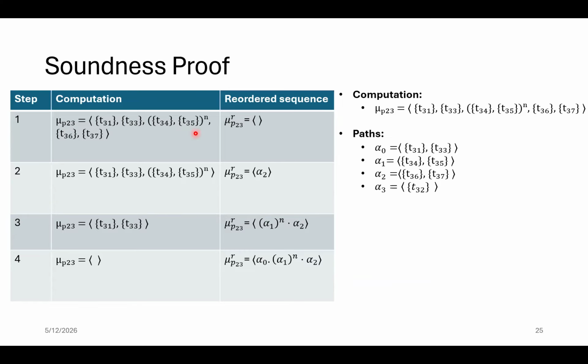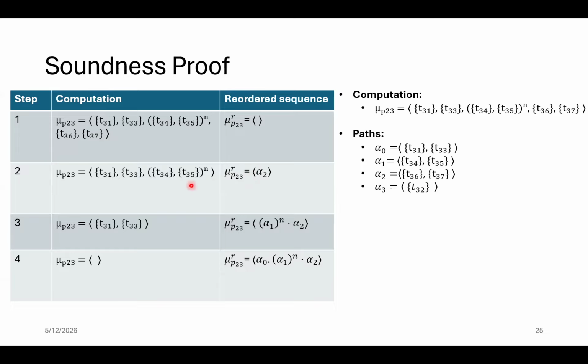Here we check that the new mu P23R is empty. The last member of mu P23 is T37, and T37 is the last member of the path alpha 2. So all members of alpha 2 will be deleted from mu P23, so that T37 and T36 will be deleted, and alpha 2 will be put into mu P23R.